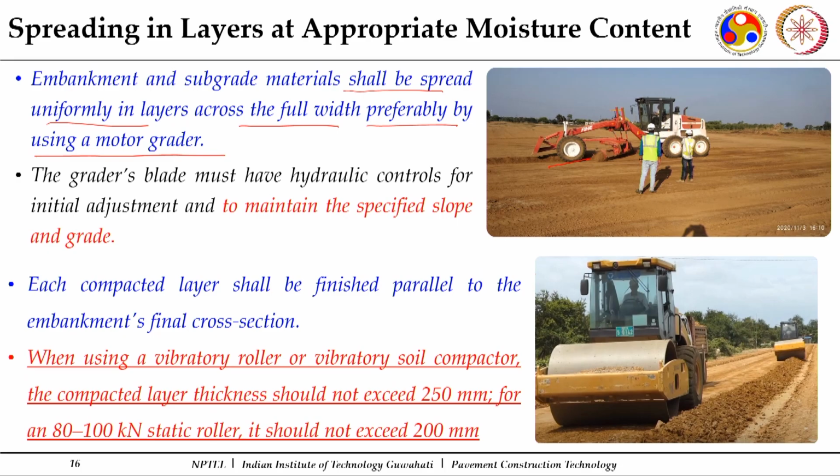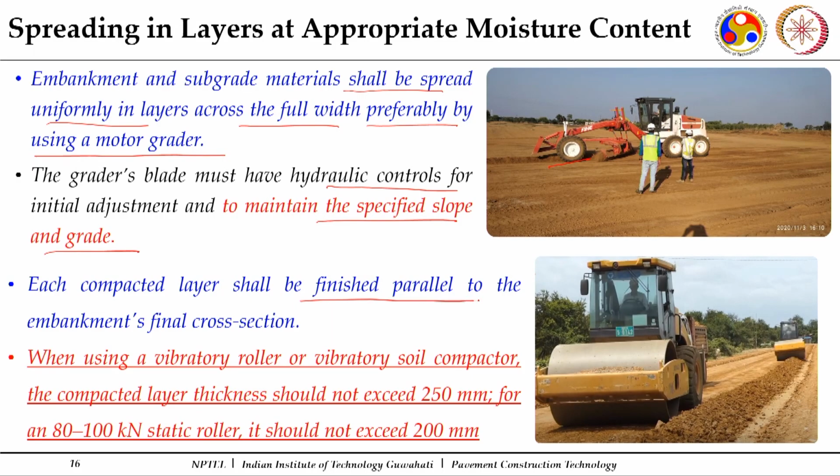So, this helps us uniformly spread your soil to the entire thickness and width, and helps you maintain the grade also. The grader blade must have hydraulic controls because it can adjust the angle to maintain the specified slope and grade. We prefer to do this from the subgrade itself, because otherwise if some rainfall event occurs, water logging will happen.